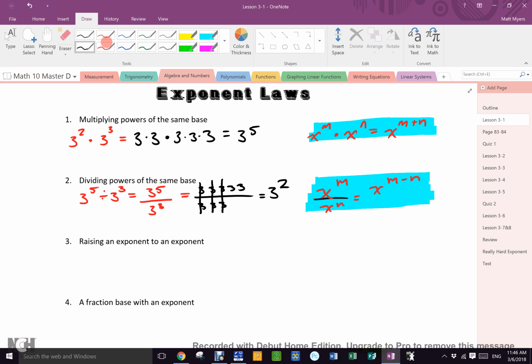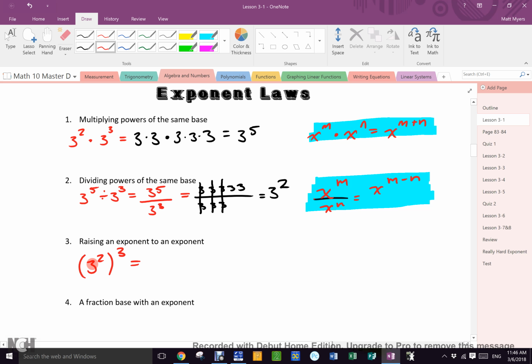The third one, raising an exponent to an exponent. 3 squared, cubed. Well, it's going to be the rest of a bracket when the computer starts working. What does that really mean? This is where it starts to get a little bit tricky. What is the base in number 3? 3 squared.